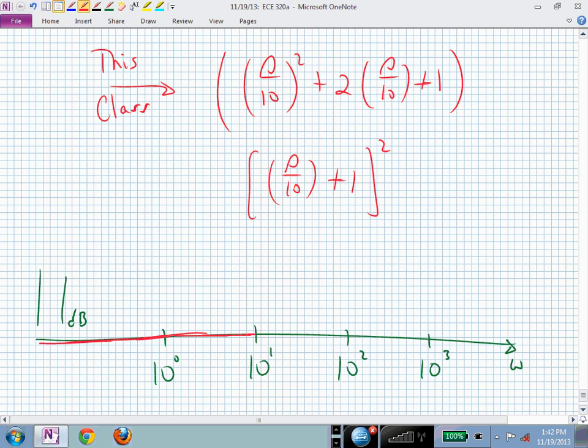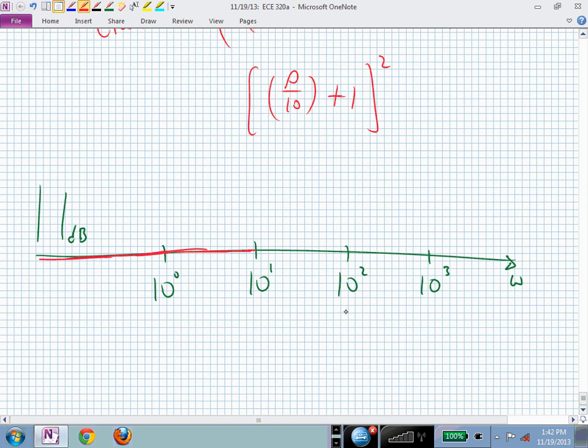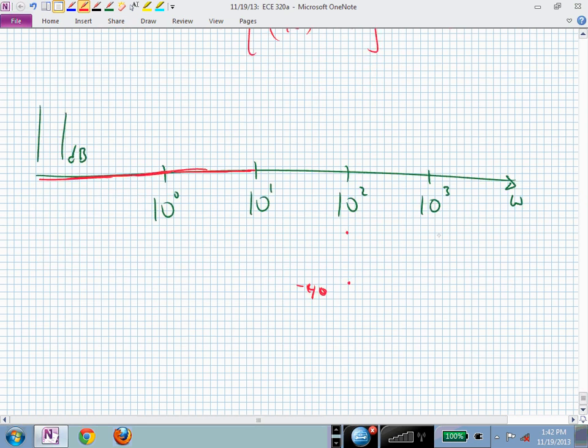The imaginary part is going to equal the real part. Then what happens? Now we're not at minus 20, we're actually at minus 40 because we're twice what we were before, a decade later. So here we're at minus 80. And that just keeps sloping. This is now minus 40 dB per decade. Does that make sense?